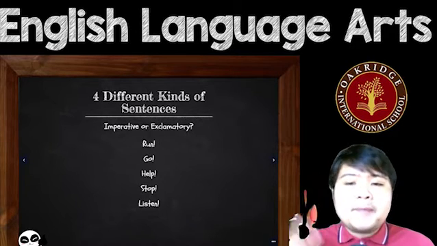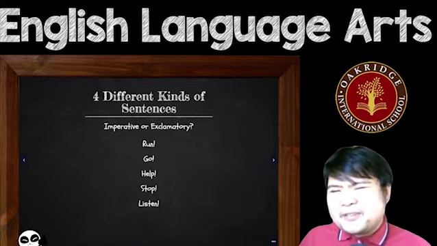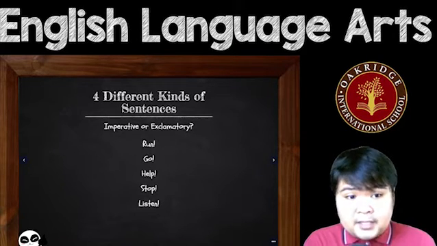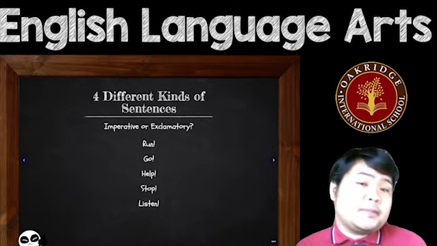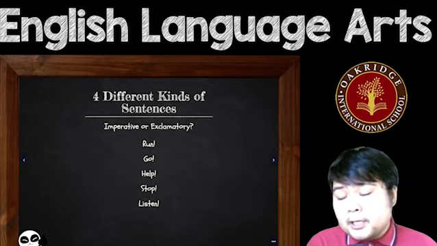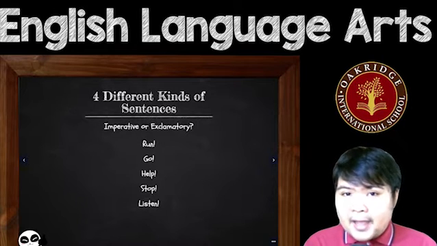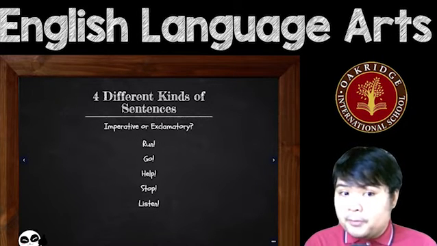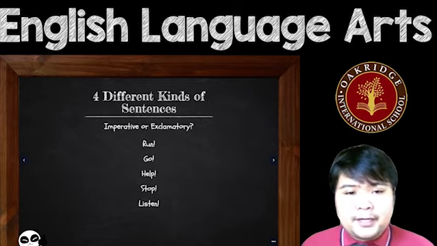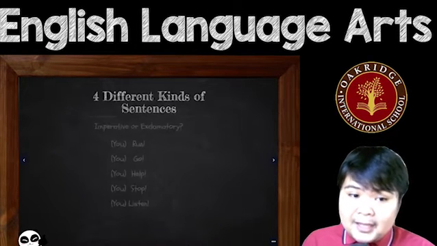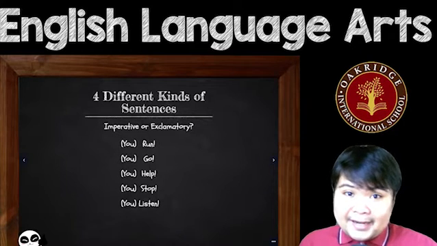Now you might be asking, but is this really a sentence? I mean, where's the subject? It's just one word. Run, go, help, stop, listen. It was stated a while ago that sentences should have a subject and a predicate, and that they should be a group of words. How come we're only looking at one word here? Well, the answer is simple. The subjects are there.